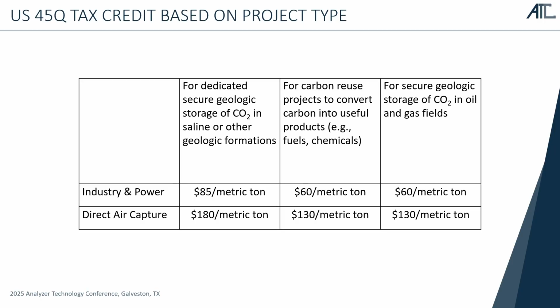Or that pipeline takes it to oil fields and it's used for enhanced extraction, and it's pumped back underground for oil drilling. And the tax credit is determined by those two factors, so where the carbon comes from and where the carbon is going. And you can see that it's paid out as a function of the metric tonnage of CO2 that is being captured.